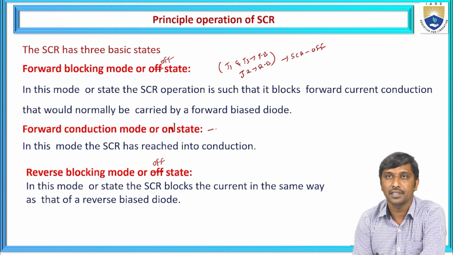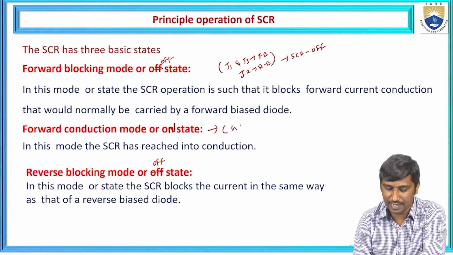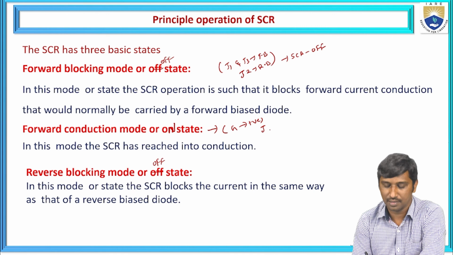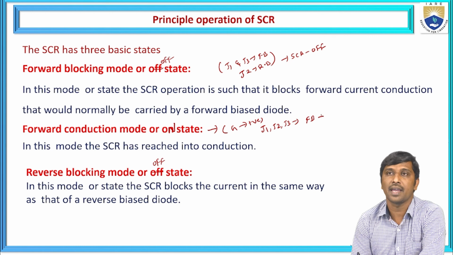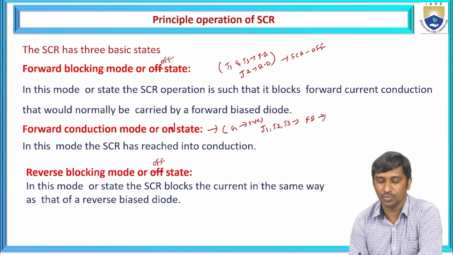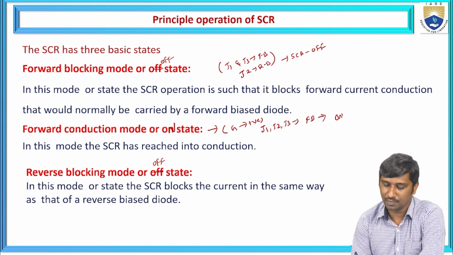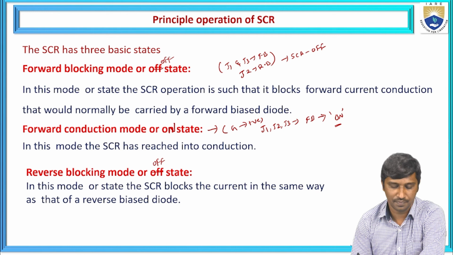Under the forward conduction or on state, the gate is biased with a positive voltage. Under this condition, all three junctions J1, J2 and J3 are forward biased. Hence, it allows maximum conduction from anode to cathode, and this state is represented as the forward on state.